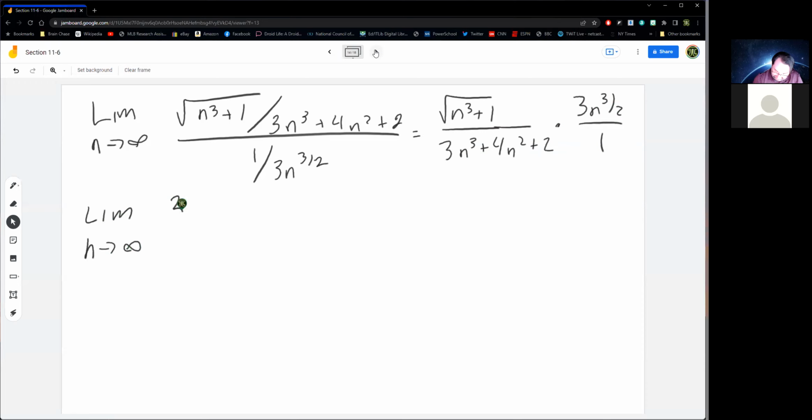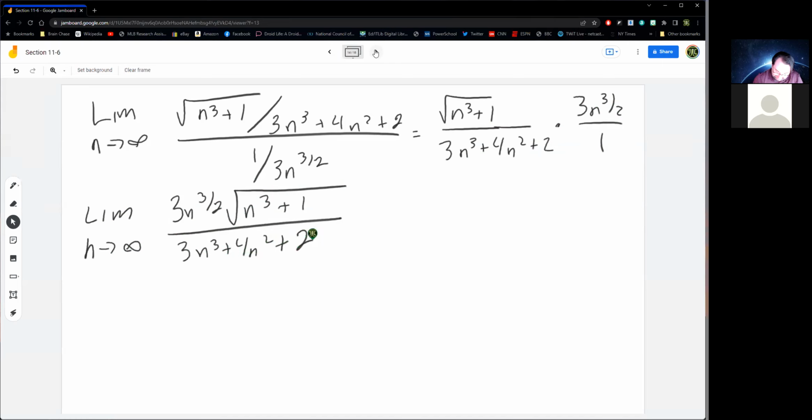So we've got 3n to the 3 halves times the square root of n to the third plus 1, over 3n to the third plus 4n squared plus 2.